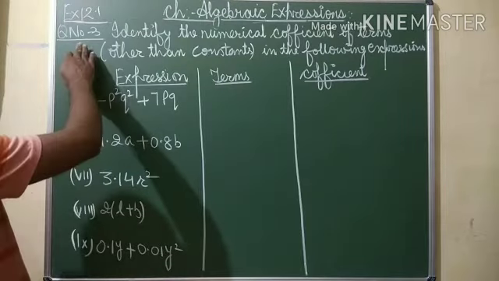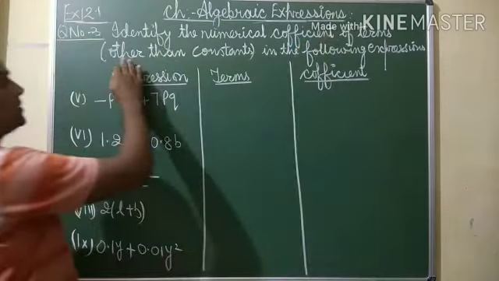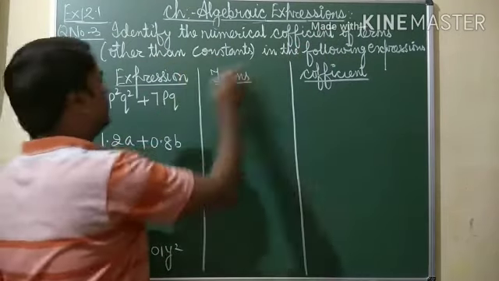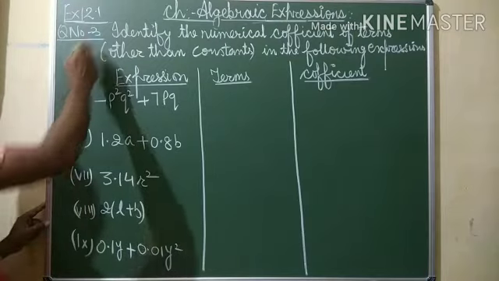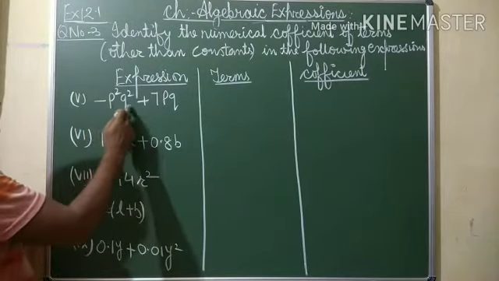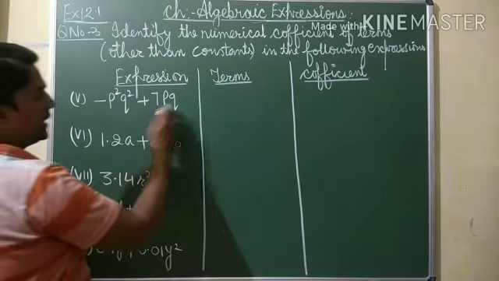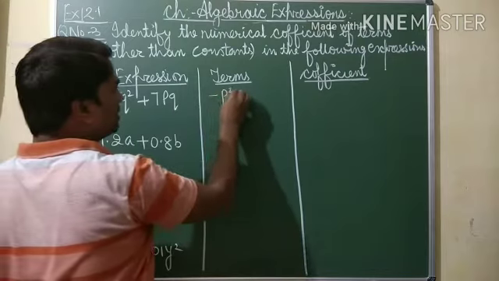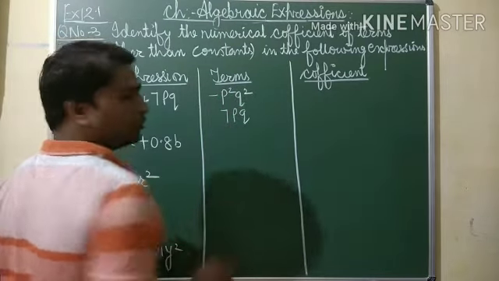Next is question number 3. Identify the numerical coefficient of the terms other than constant in the following expressions. So first we have question number 3. Part 5, the expression is minus p square q square plus 7pq. Now this expression contains the terms minus p square q square and 7pq.